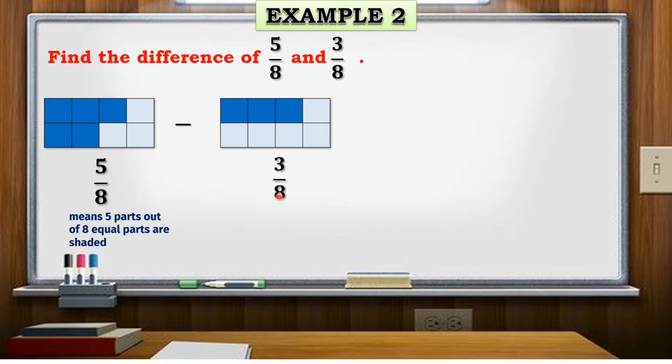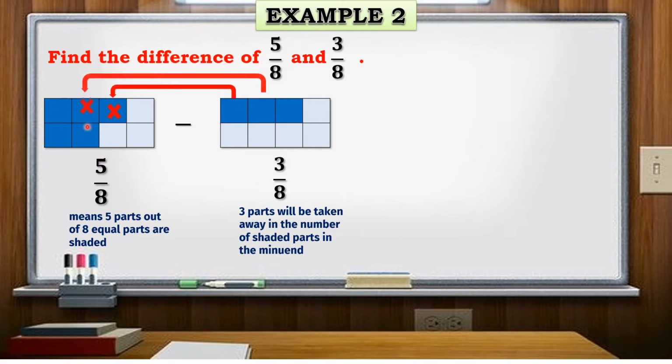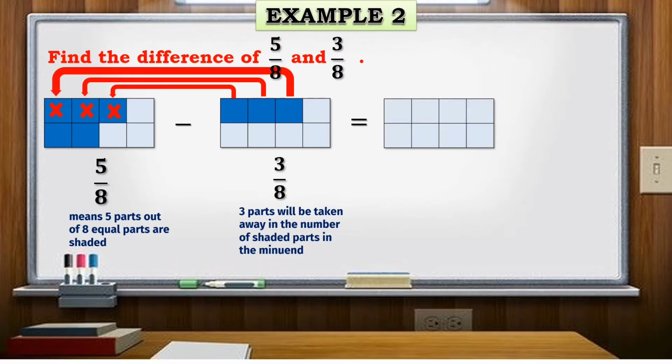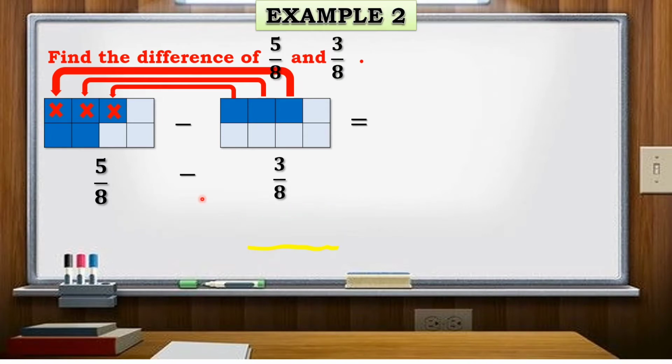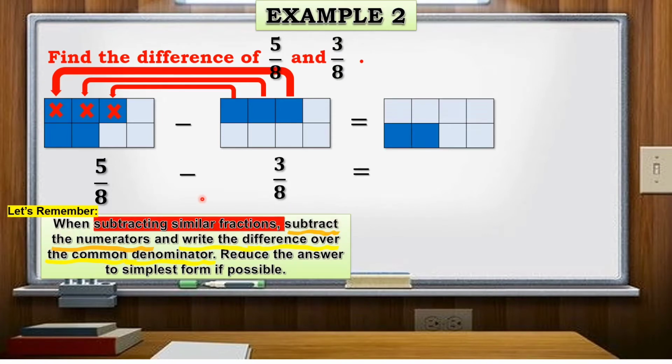In our illustration, it means 3 parts will be taken away from the number of shaded parts in the minuend. The remaining shaded parts of the minuend is only 2 parts out of 8 equal parts. So, we have 2/8.